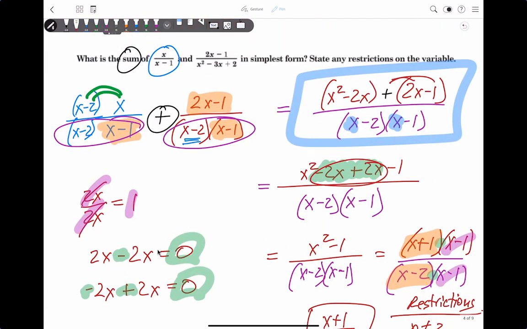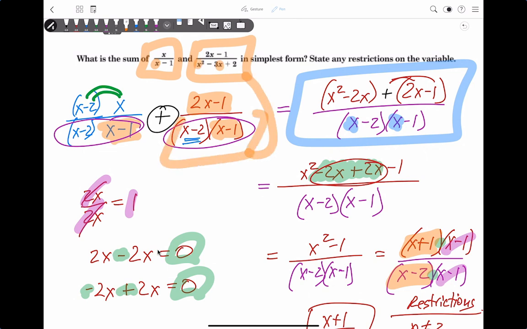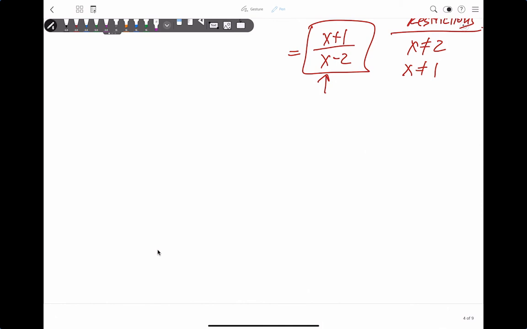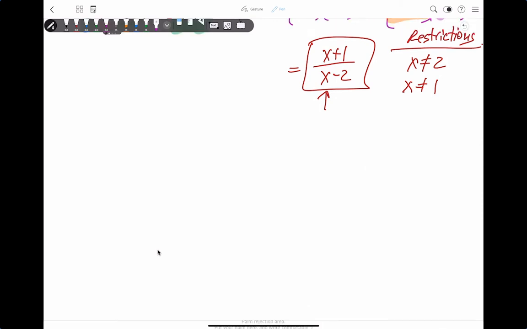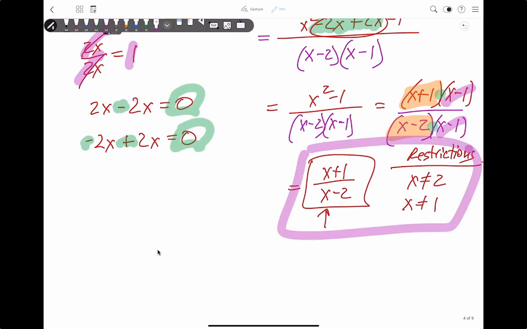But if I went even earlier than that, and even went to the original one, I know x cannot equal 1. And whatever this ended up becoming, whatever this x is, well, we saw right here it cannot equal 2. Let me highlight it in a different color, or 1. So 2 and 1 are right here. 1 is up here. So it just still remained as 2 and 1. 2 and 1 were my only restrictions. So my full answer is going to be right here.